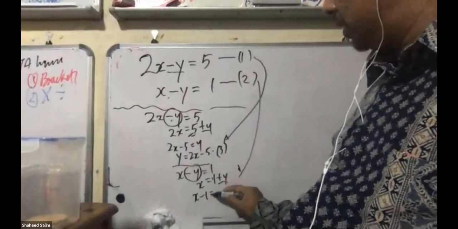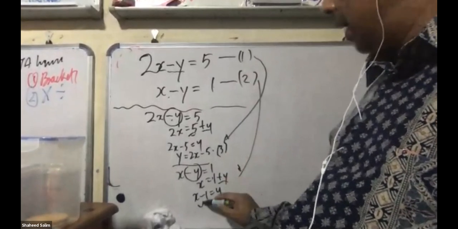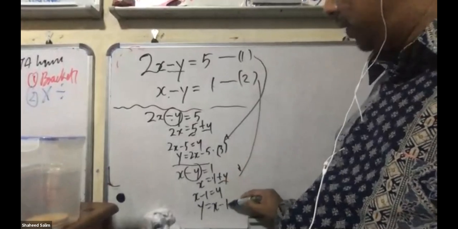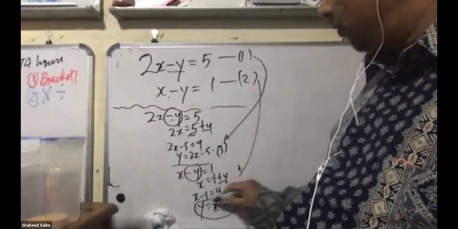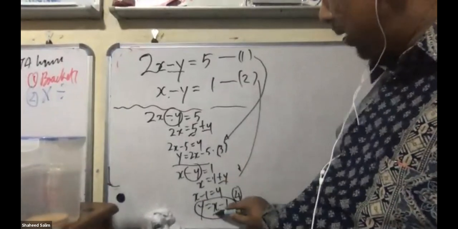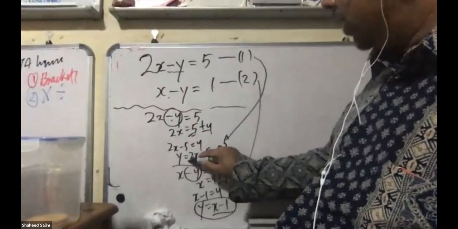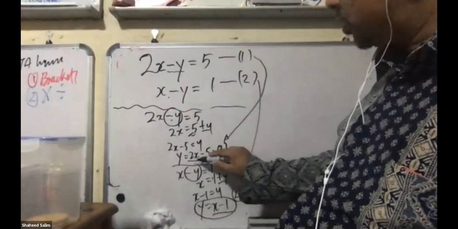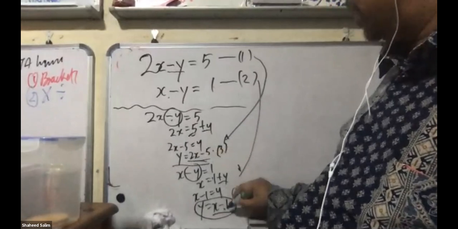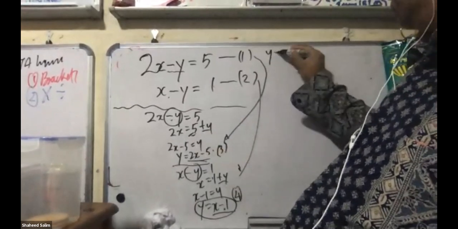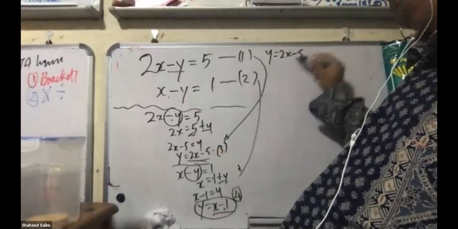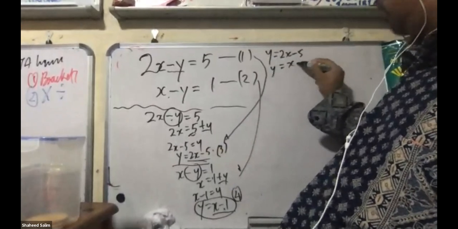X minus 1 equals to y. Which means y equals to x minus 1. So this is number 4. Y equals to x minus 1. Y equals to 2x minus 5. That means 2x minus 5 and x minus 1 are the same, are equal.